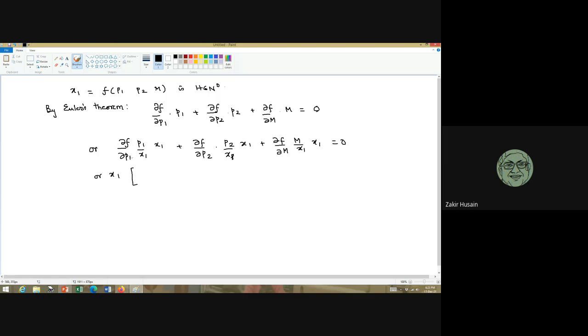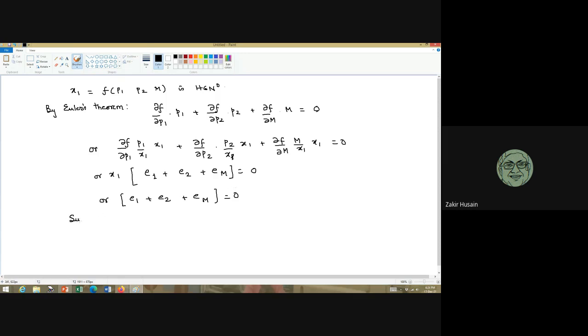What is this expression? This is price elasticity, E1. This is E2. And this is income elasticity. And it is equal to 0. So x1 cannot be 0. Therefore, this has to be equal to 0.